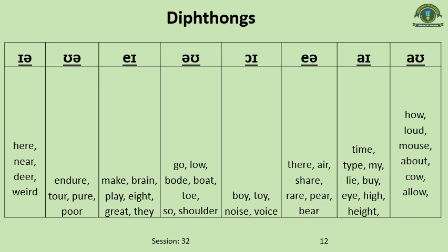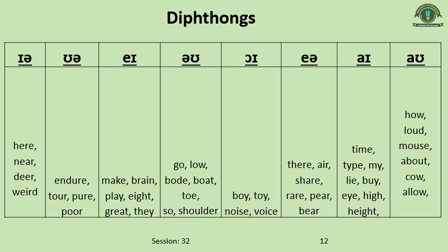The next diphthong is I. And the keywords are time, type, my, lie, buy, I, high, height. And the final diphthong is ow.